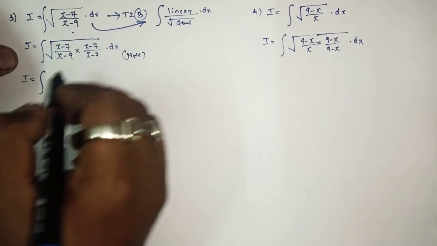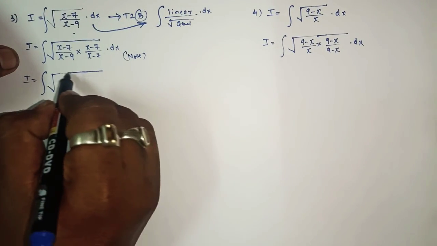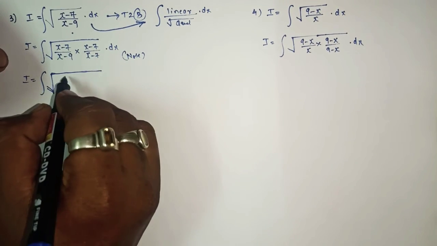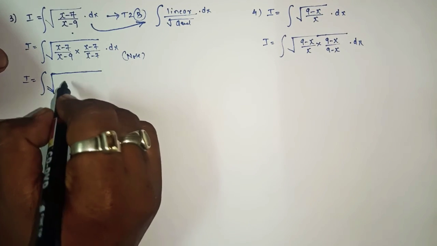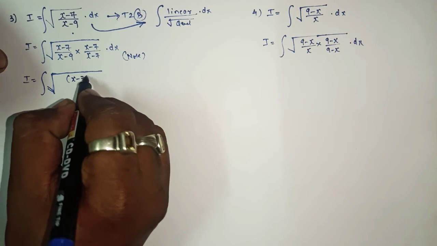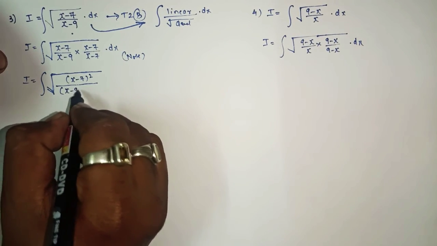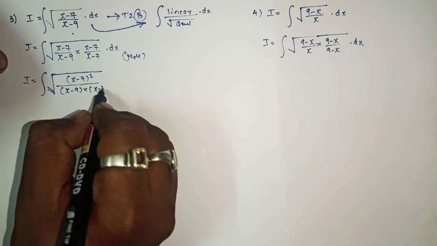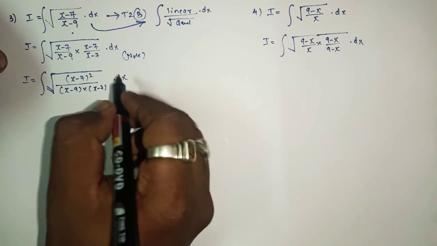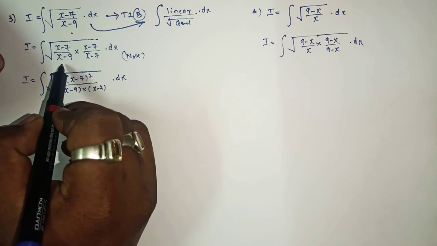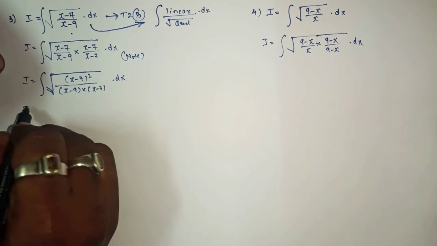Then, as clearly we can see, multiplication is there, so we can multiply both the sections. x minus 7, x minus 7, you will get x minus 7 the whole square, yes or no? And this part will be x minus 9 into x minus 7. I hope you all understood this step. Multiplication is there, so we have to multiply the numerator with numerator and denominator with denominator.